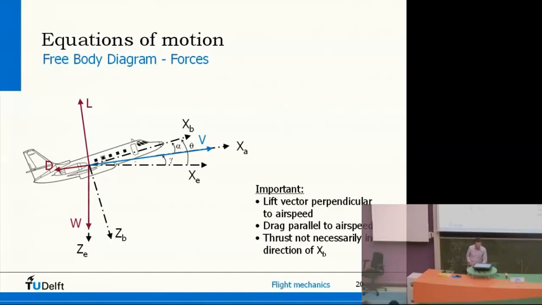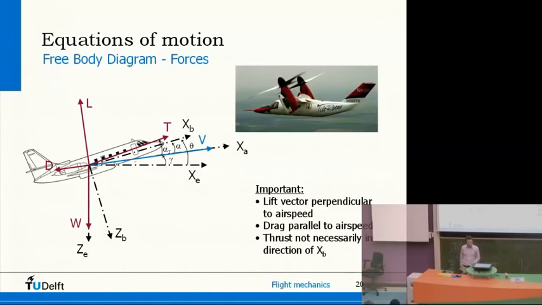Then finally, we have a thrust vector. Of course, you have a propulsion system, and a propulsion system always creates a force, thrust, and that force doesn't necessarily have to be in the same direction as the nose of the plane.